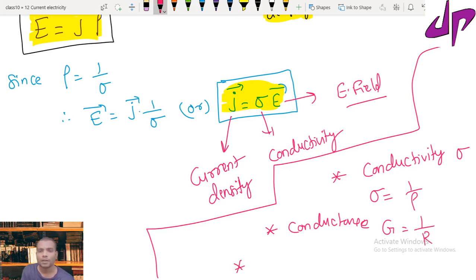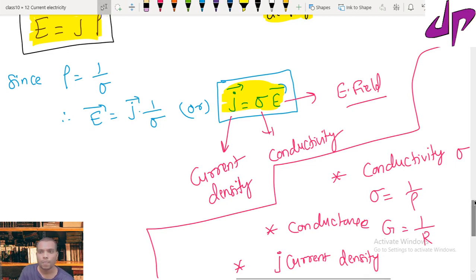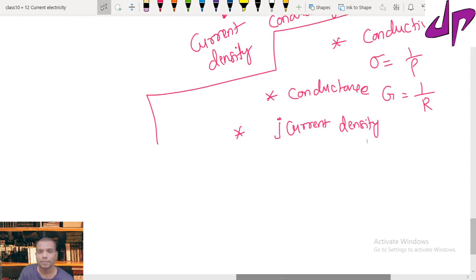And then I introduced current density J, which is current per unit area.